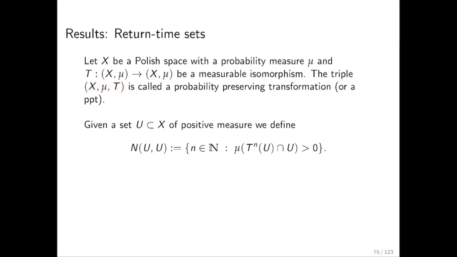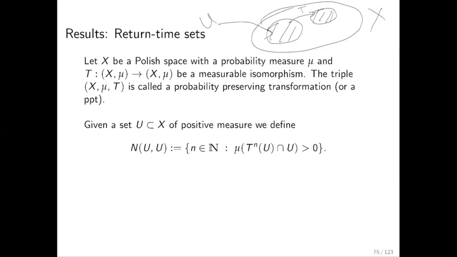And given a set U of positive measure, we define N_UU as the set of times when U returns to itself. So this is the picture you should have in your mind. This is the space X, some arbitrary measure space, and this is the set U. Now, there's a transformation acting on the space. When I apply the map T, it will go somewhere.